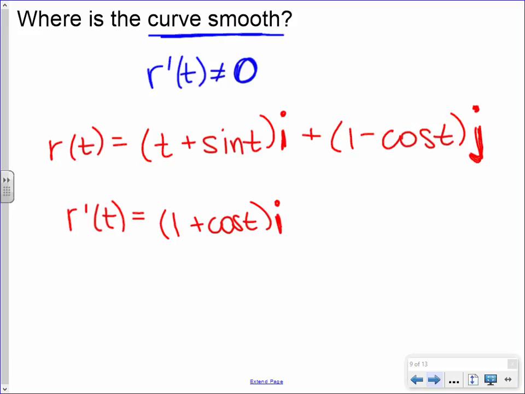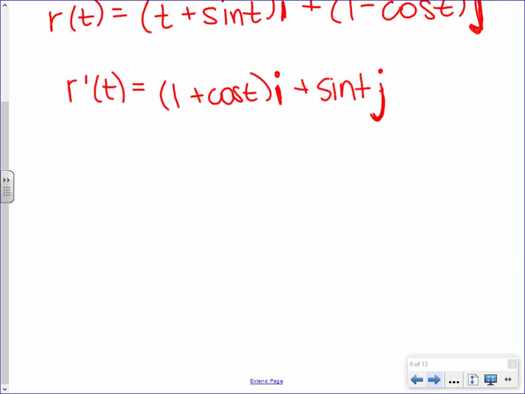And Sammy, the derivative of 1 minus cosine t. Okay, so this curve is not smooth if 1 plus cosine of t and sine of t are 0 at the same time. So let's figure that out.